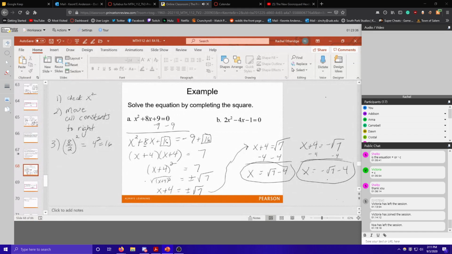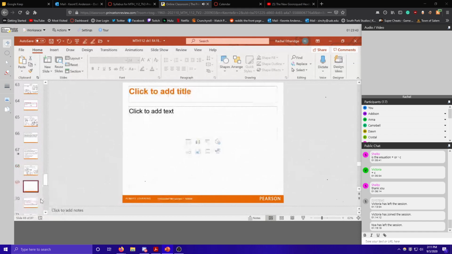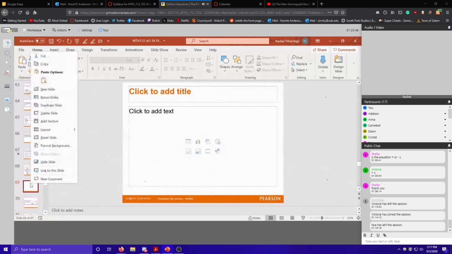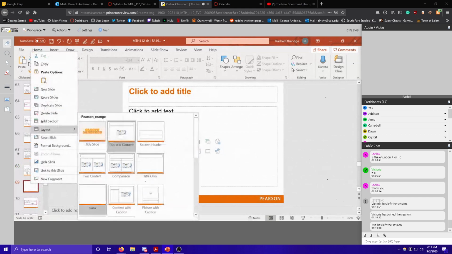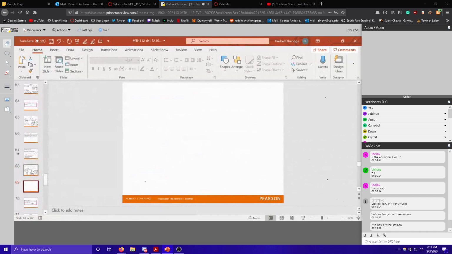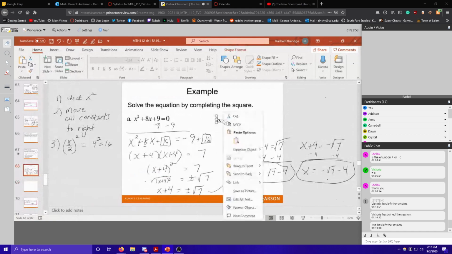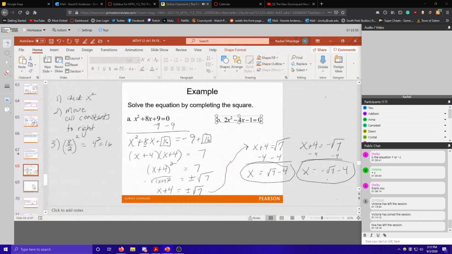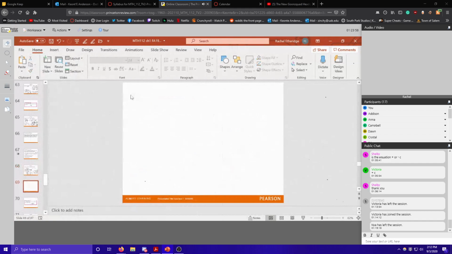So how about if we do one more? I'm going to put a new slide in and I'll do the second problem there. All right, so the first thing I'm going to do, remember, is move my constant to the right.